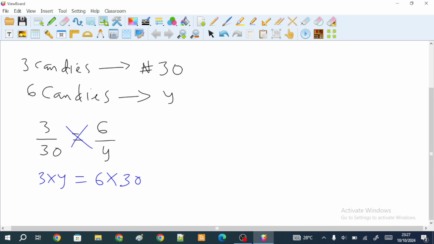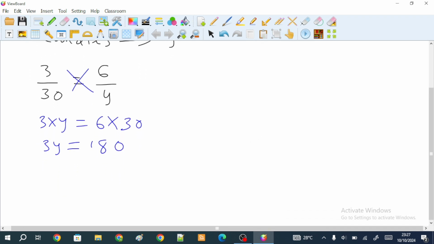So 3 times Y is 3Y, is equal to 6 times 30, which is 180.